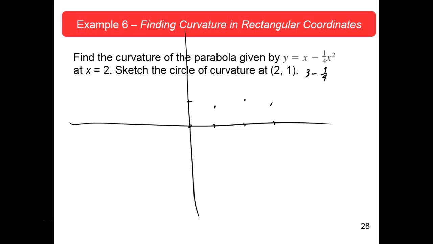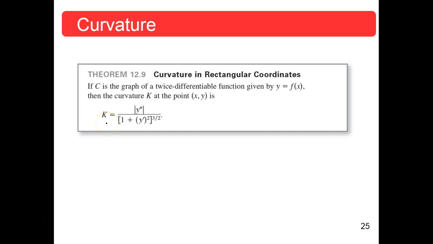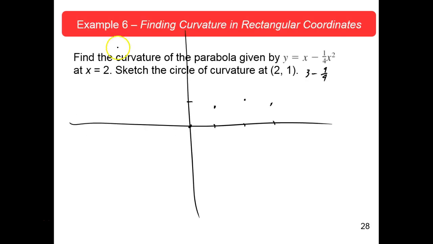Okay, so we're asked for the curvature of the parabola given by that, at x equal 2. They don't say whether to use your circle of curvature, they just say find the curvature. So I think what we're supposed to do is go back and use this formula, because notice here we have y equal to a function of x.